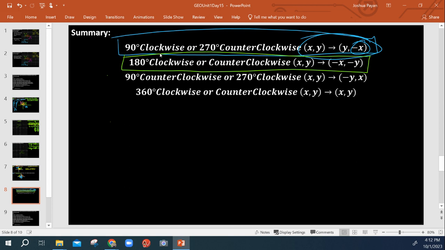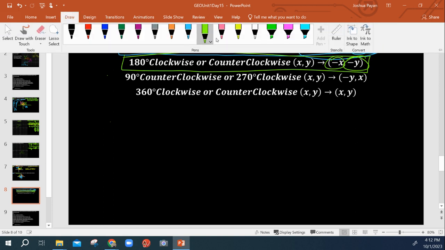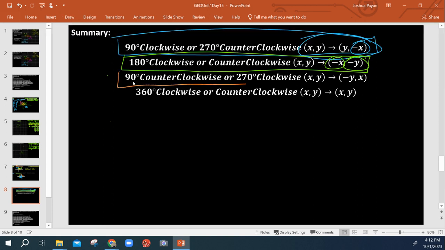All we do is change the sign of both X and Y. Okay, 90 degrees counterclockwise and 270 clockwise are the same thing. And we flip X and Y and do a Y sign change.